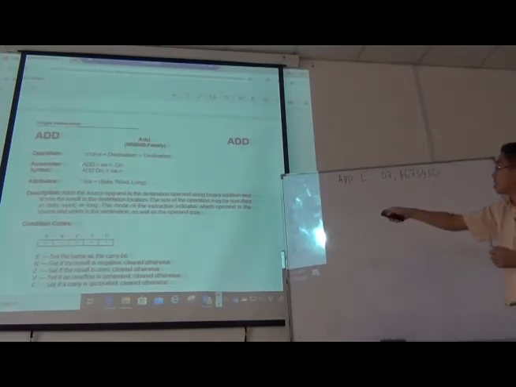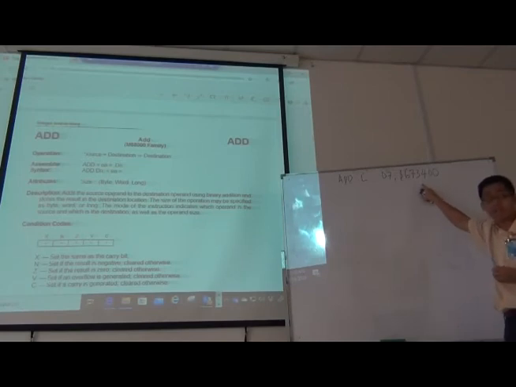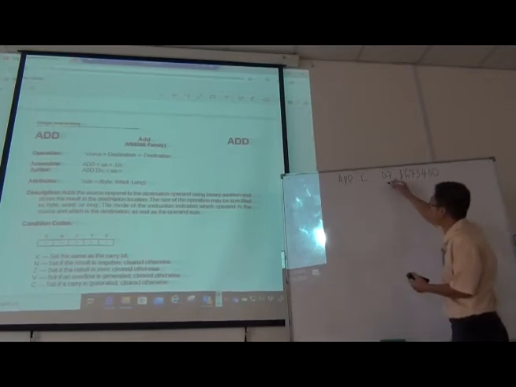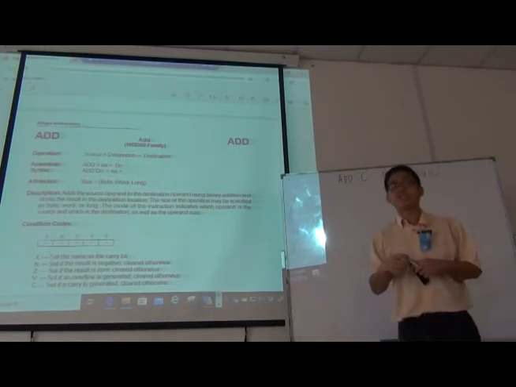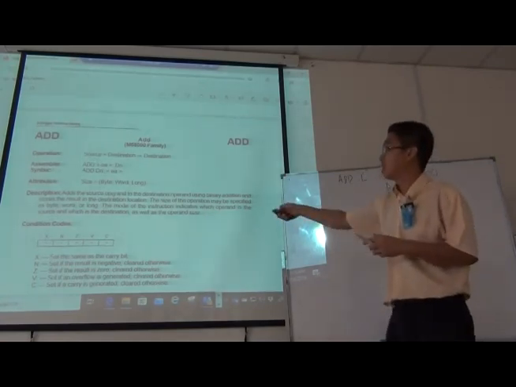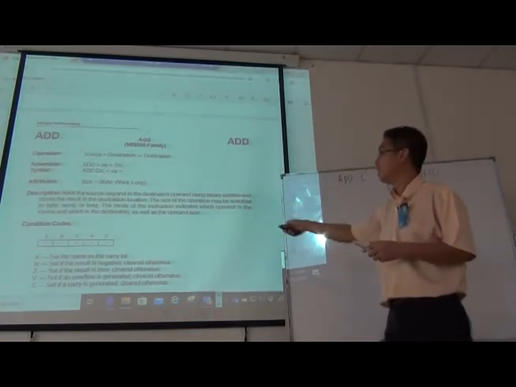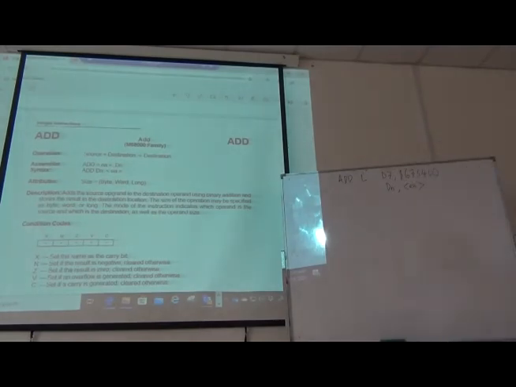Add dot something, the first one is a data register. So you can see that this is the second pattern here: data register, and this is not a data register, this is the effective address. So this is actually Dn and this is the effective address. We are going to refer to the second pattern, which is this one. Now we are going to put in the instruction code.